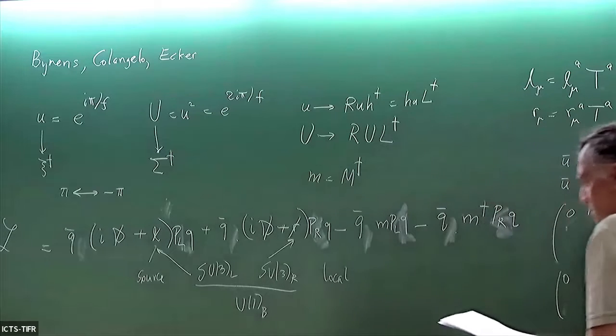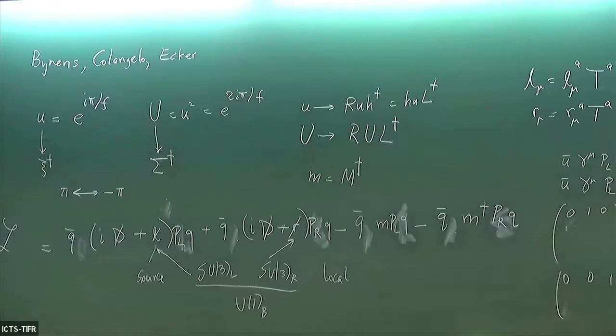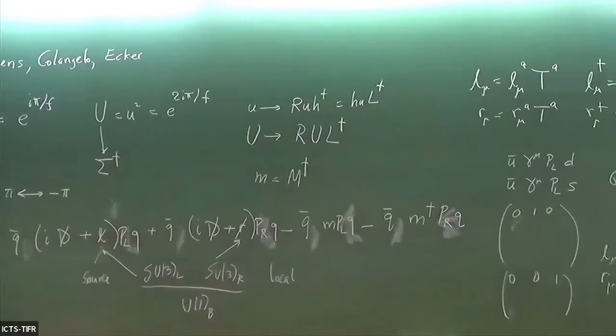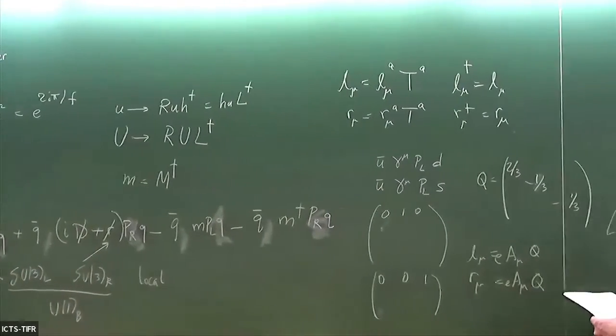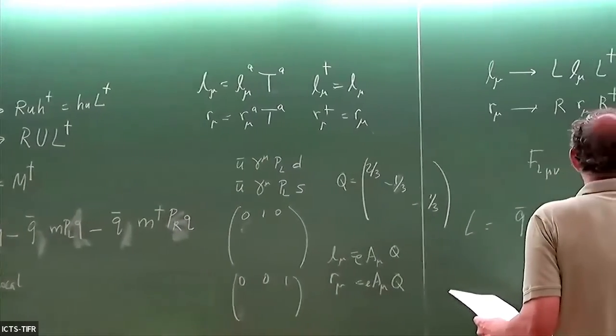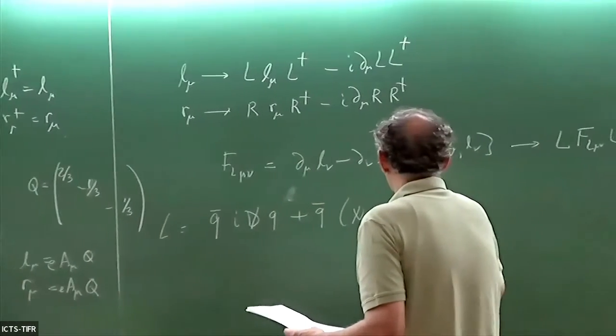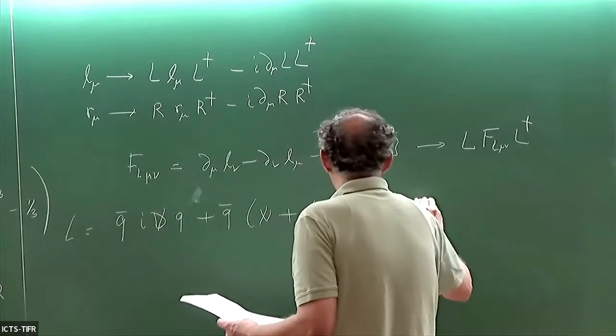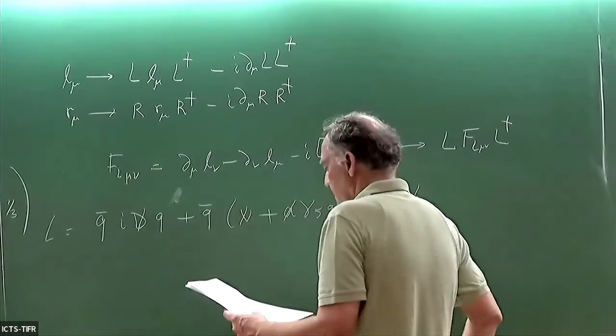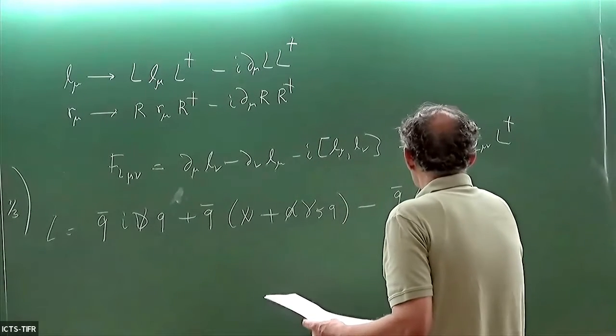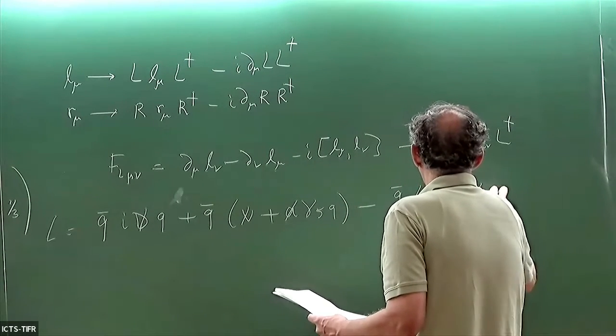And so the way the papers are actually written is to use q bar i D slash q plus q bar V slash plus A slash gamma 5 q minus q bar S minus i P gamma 5 q.